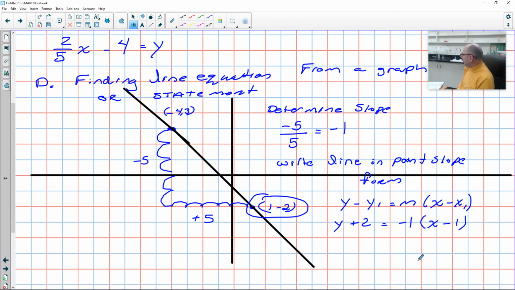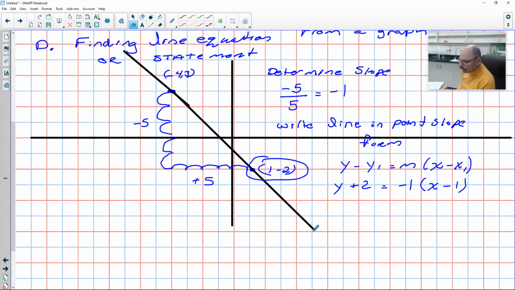Okay, now I expand and turn it into general form. So this is pretty similar to what we did before. So now I'm going to just multiply that out. So I'm going to go y plus 2 equals -x plus 1.